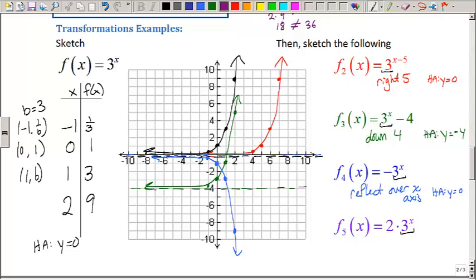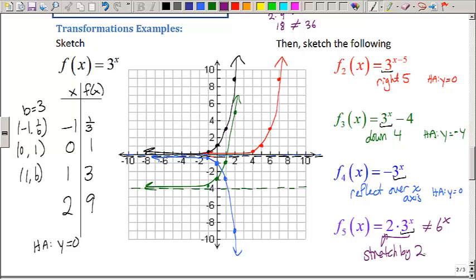On the last function, f sub 5 of x equals 2 times 3 to the x. Remember, 2 times 3 to the x does not equal 6 to the x. It just equals 2 times 3 to the x. We still have the 3 to the x function, which is the black function, but the times 2 tells me that I'm going to stretch by 2.